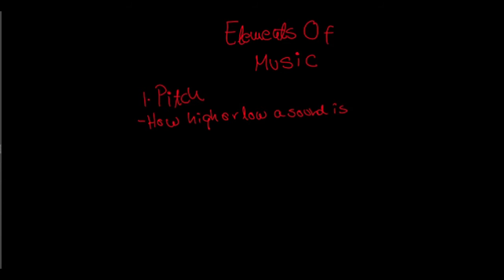And let me just write this in another color. The next element of music, and this is another really important one, is duration. Duration is a measure of how long or short a sound is.